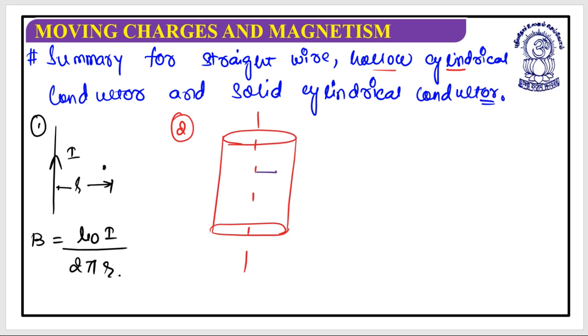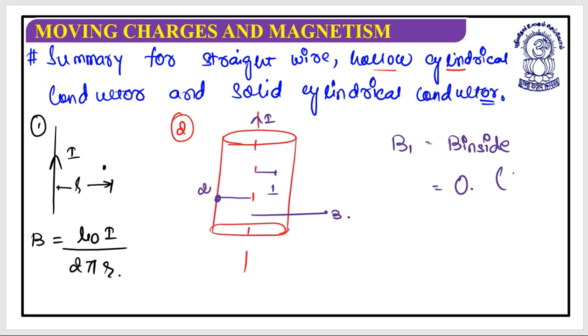We are primarily interested in 3 points: this is first, this is second, and this is third. For B1, which is B inside, it is 0. Yes, why?